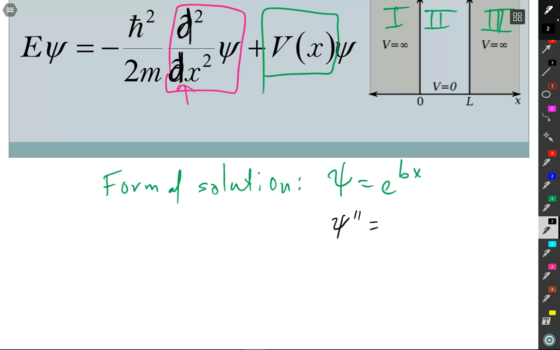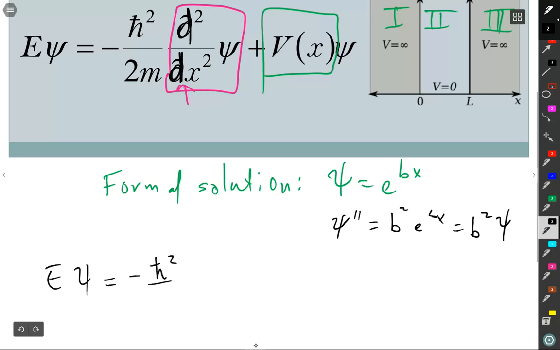You just said the wrong one. So second derivative, bring down another b, and that's b squared e to the bx, or if you prefer, b squared psi. So then you just put that in and you have E psi is equal to minus h bar squared over 2m times b squared psi.